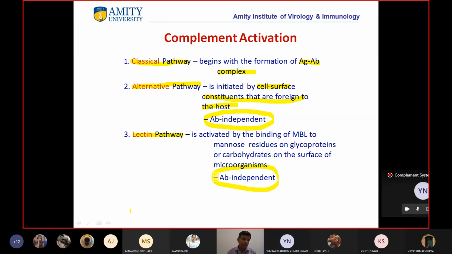I am asking which is antibody dependent. Classical pathway. Yes. So only the classical pathway is antibody dependent, because for this pathway to get activated, there has to be a formation of antigen antibody complex. And you can see in the alternative pathway and lectin pathway, you do not need antibody. Antibody is not required here, but antibody is required in the case of the classical pathway. Okay, clear?